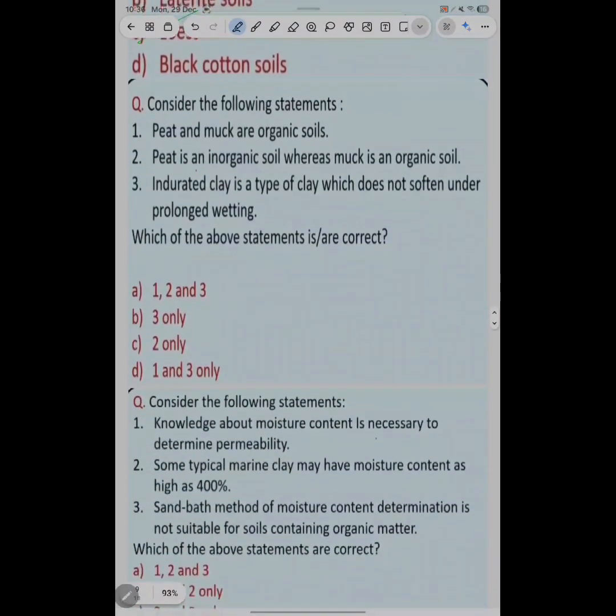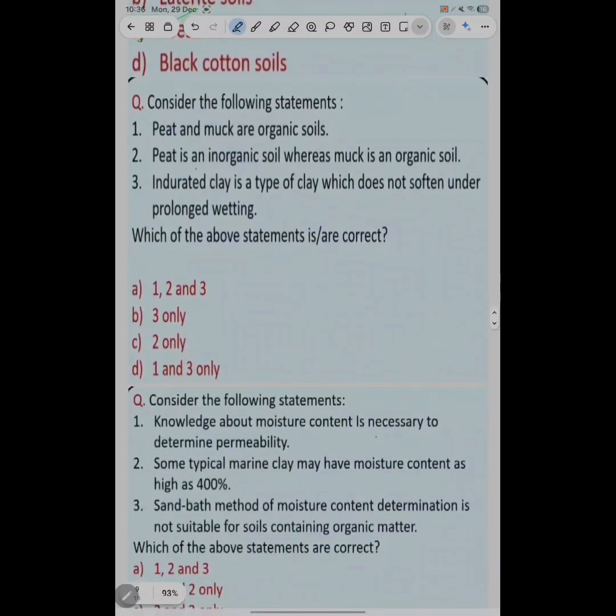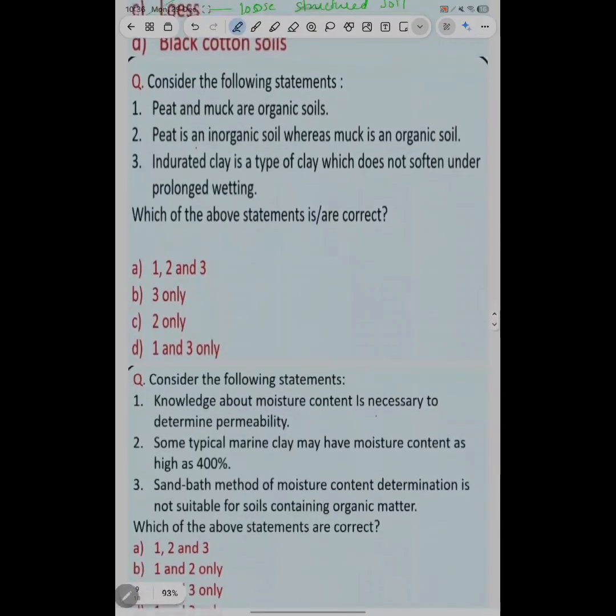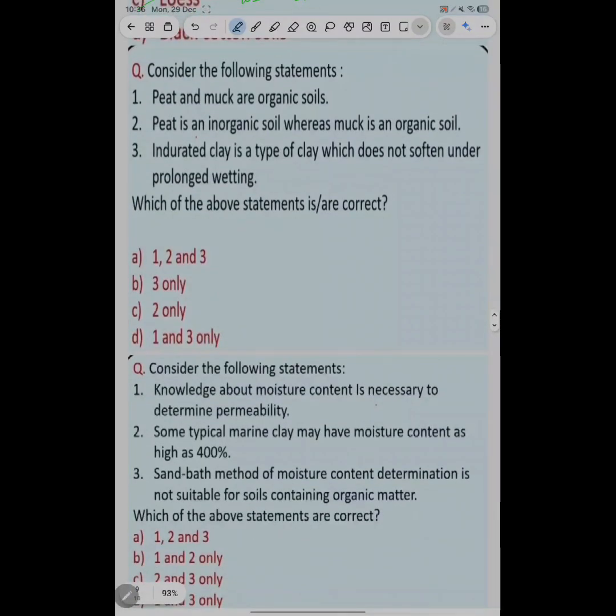Okay. Next question. Consider the following statements. Peat and muck are organic soils. Peat is an inorganic soil, whereas muck is an organic soil. Indurated clay is a type of clay which does not soften under prolonged wetting. Which of the above statements is or are correct? Let's take the first statement. Peat and muck are organic soils.